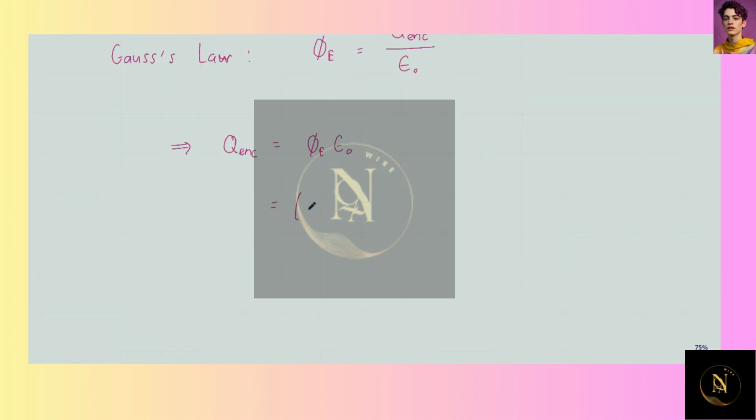And this is minus 67.5 newton meter squared per coulomb multiplied by epsilon naught, which is a constant 8.854 times 10 to the minus 12 coulomb squared per newton meter squared.